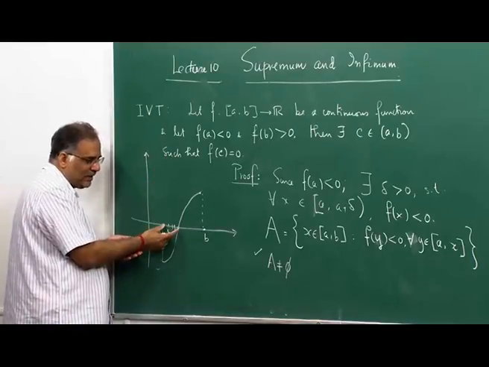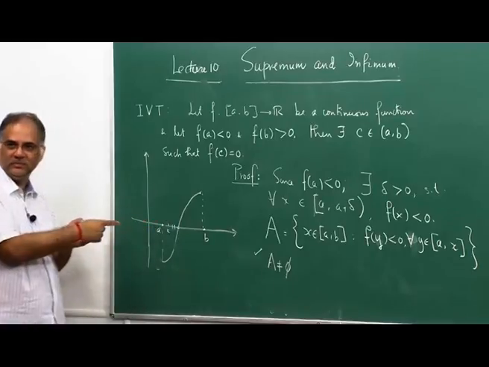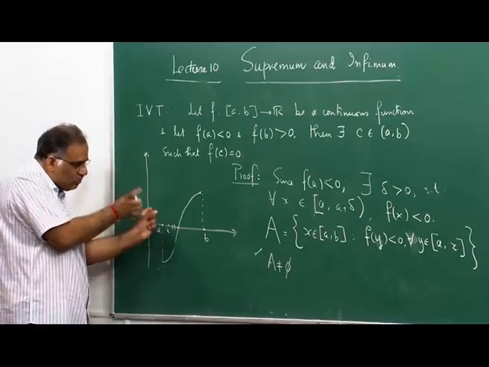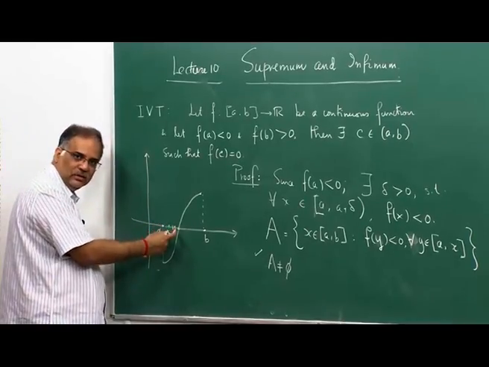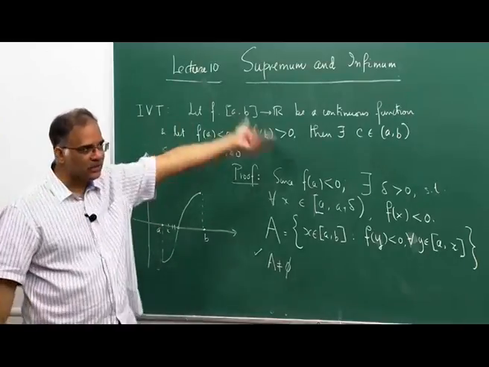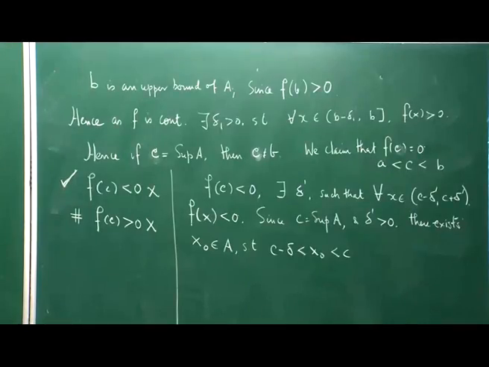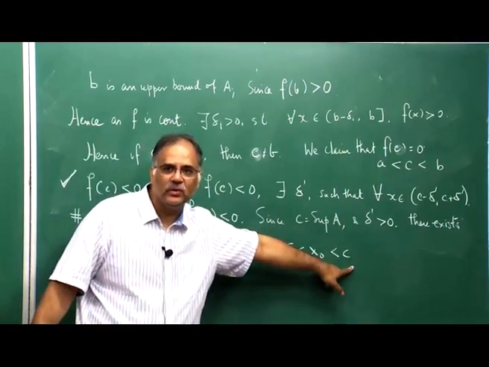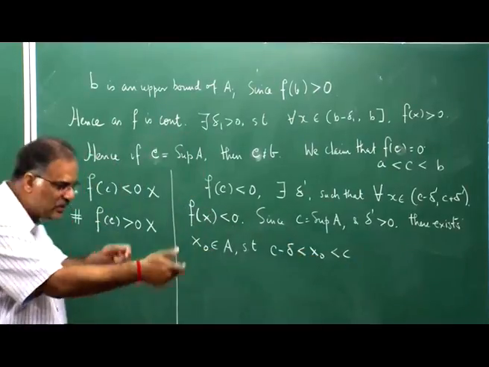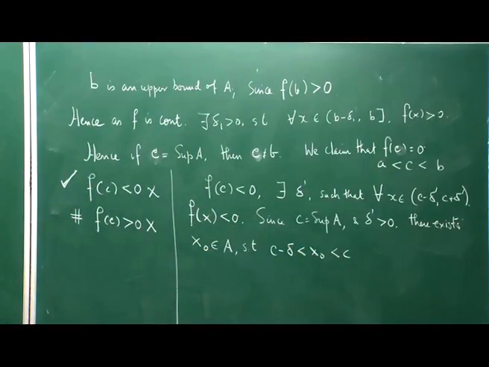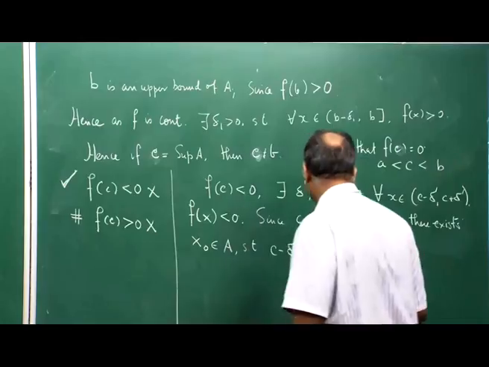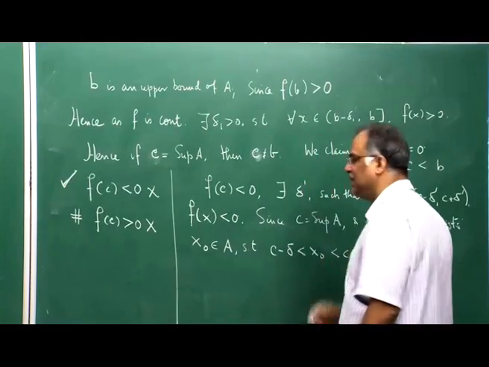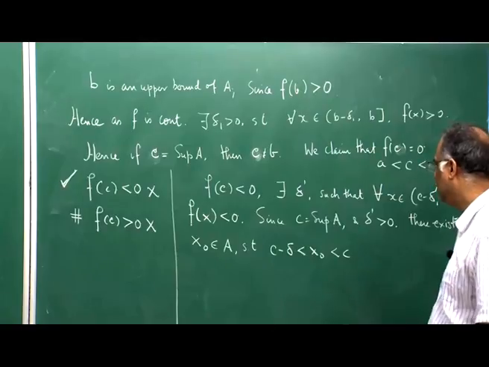So the set A is a connected set. There is not one set union some other set, here it is just one full set, there is no gap like the ones we had discussed in the previous examples. When you do not have any gaps, you can always choose this way, but if you have a gap then there is an issue. So there is an x naught such that this happens.